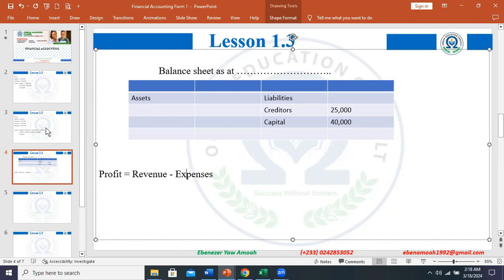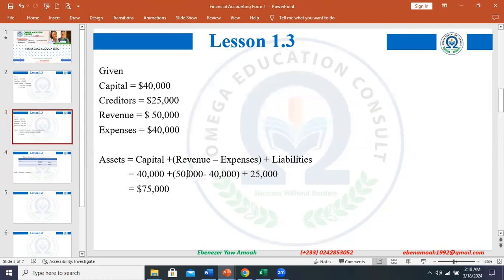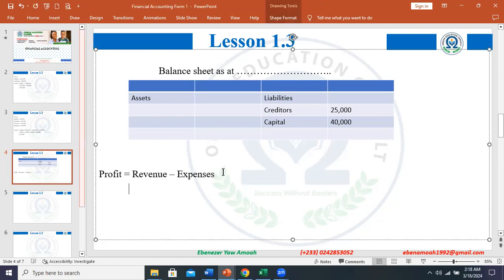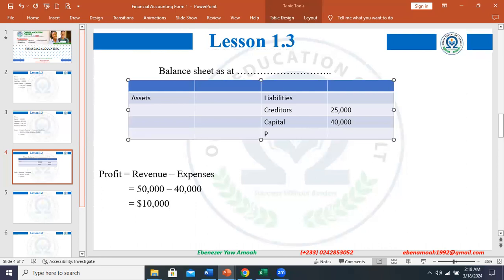And as we have done here, the revenue is 50,000 minus expenses of 40,000. So we are going to get a profit of $10,000. So the profit is what is added to the capital on the face of the balance sheet. 10,000.